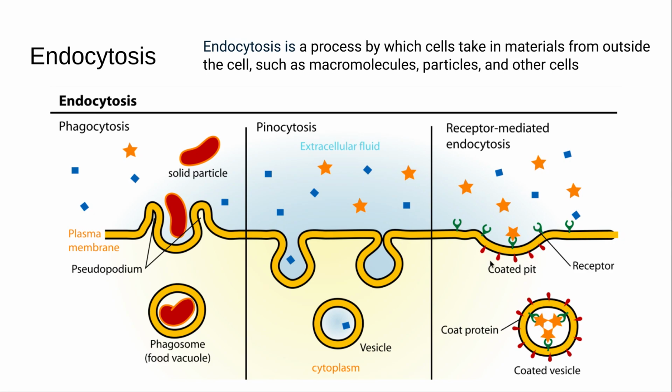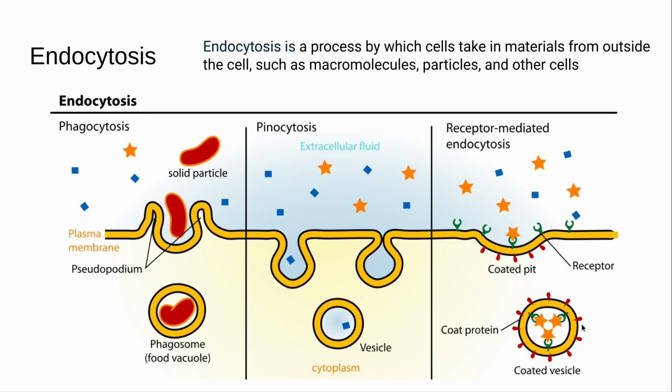So this clathrin coated pit basically engulfs this molecule, and then takes it in as a vesicle. So that's called receptor mediated endocytosis.